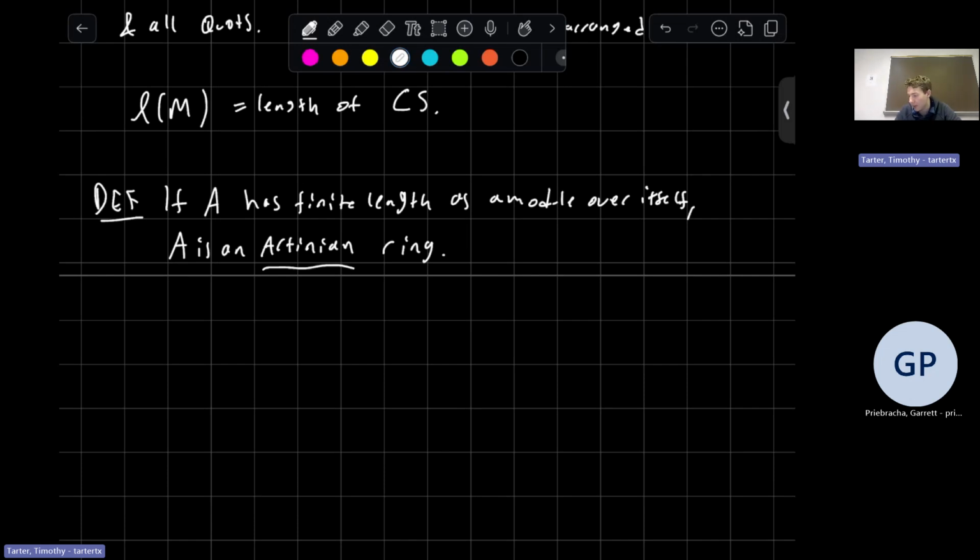And if A is a local ring, we say that A is an Artinian local ring.